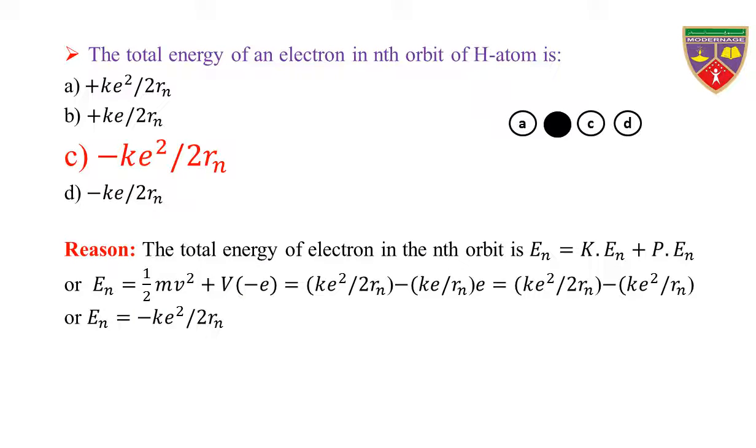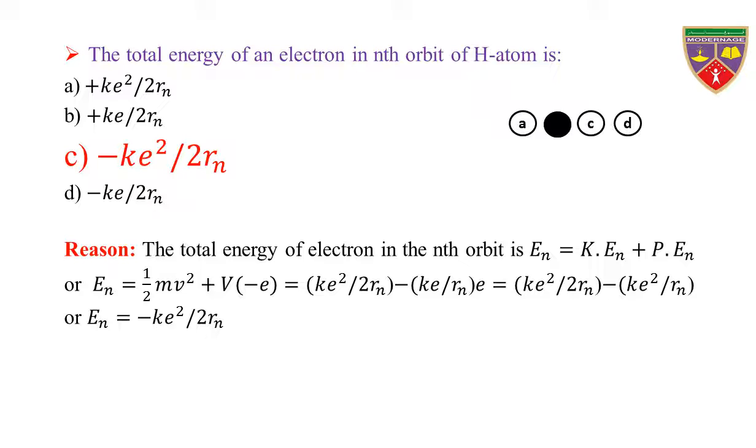Reason: the total energy of electron in the nth orbit is En is equal to kinetic energy plus the potential energy, or En is equal to 1 by 2 m v square plus V into minus e, which is the potential energy, which is equal to k e square divided by 2 Rn minus k e square divided by Rn.